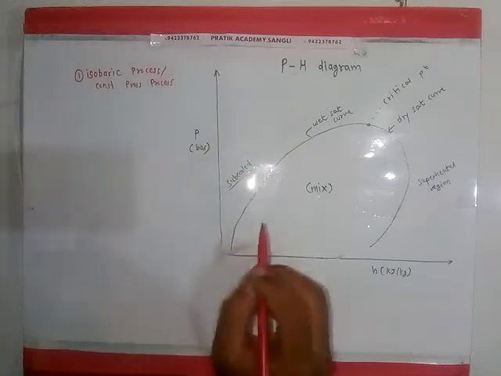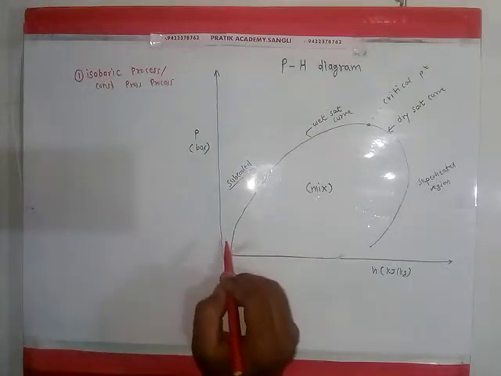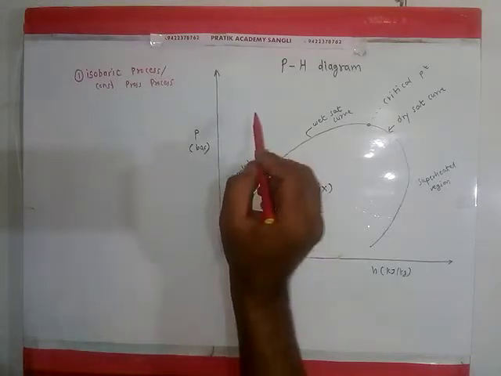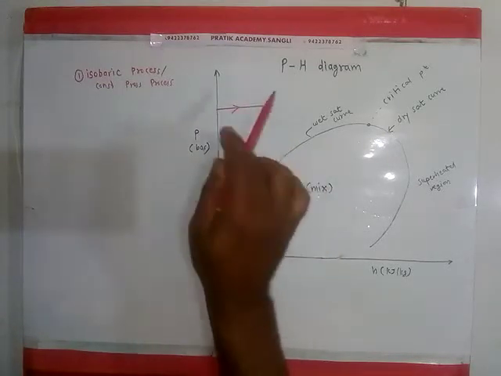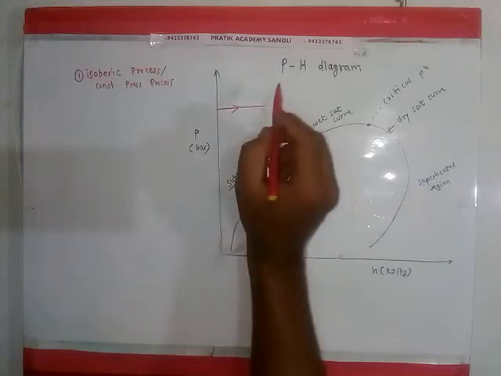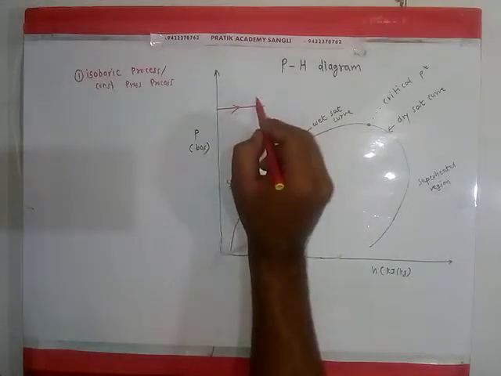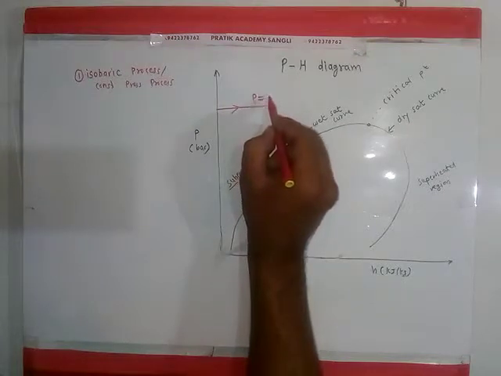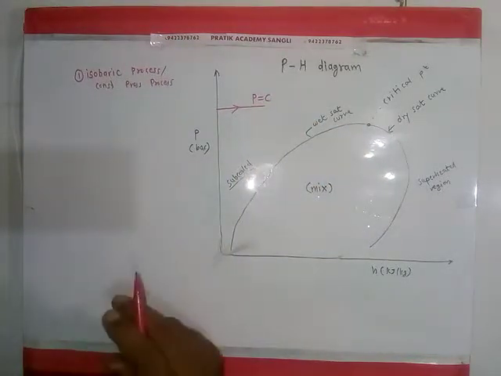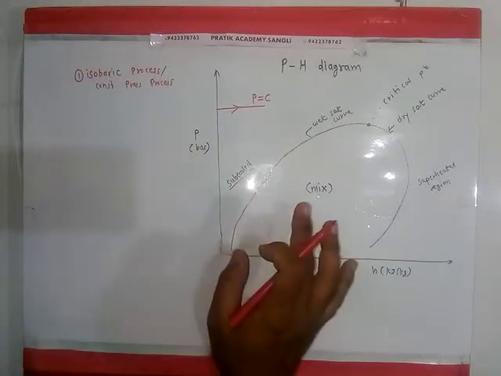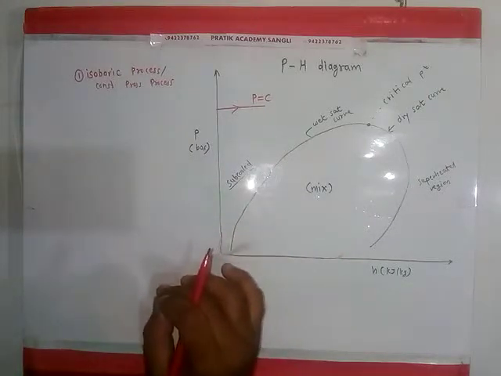It is a very simple one. As you know, along the y-axis there are pressure values. So if we draw any horizontal line anywhere on this graph, it will represent constant pressure. Constant pressure lines are drawn horizontally on the pH diagram.